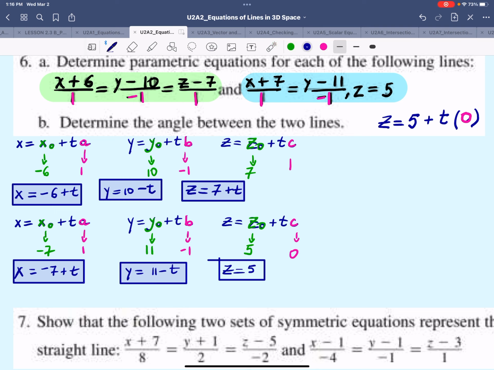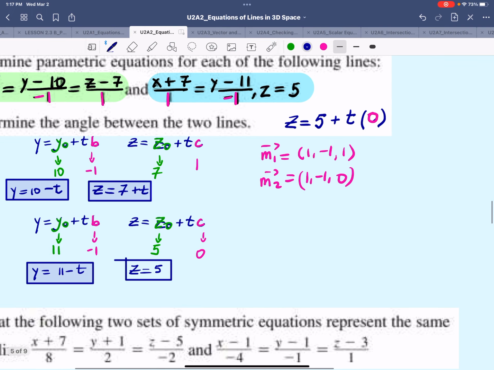So with the direction vector m1 for the first line equal to 1, -1, 1, and direction vector m2 equal to 1, -1, and then 0, the angle made between these two direction vectors will be found by using their dot product.